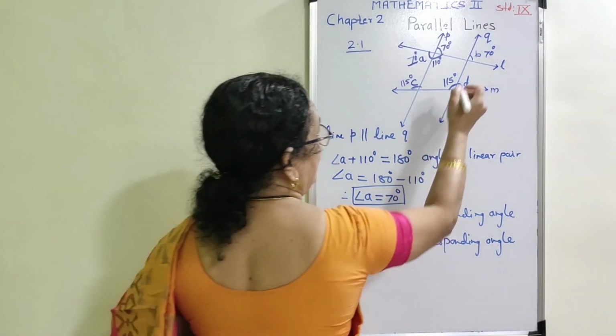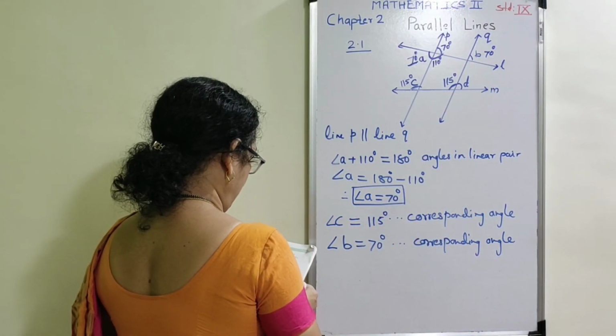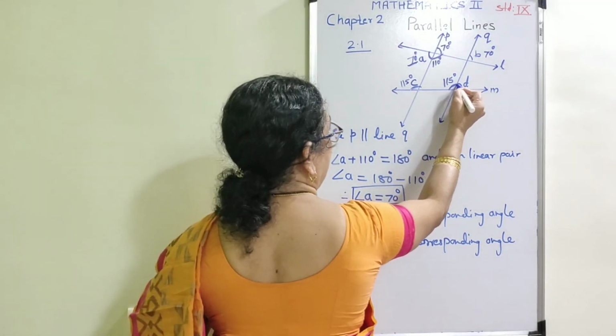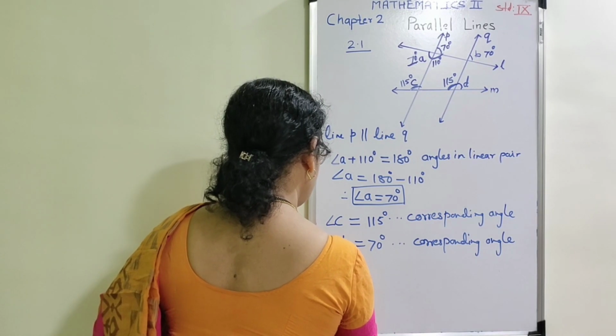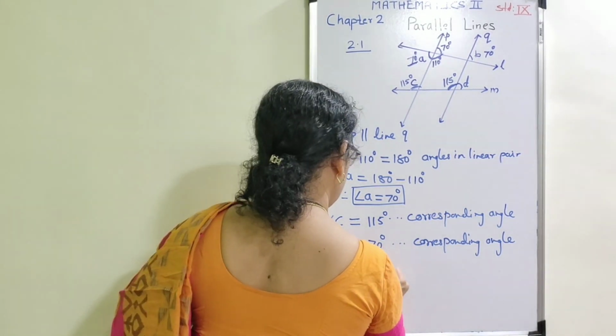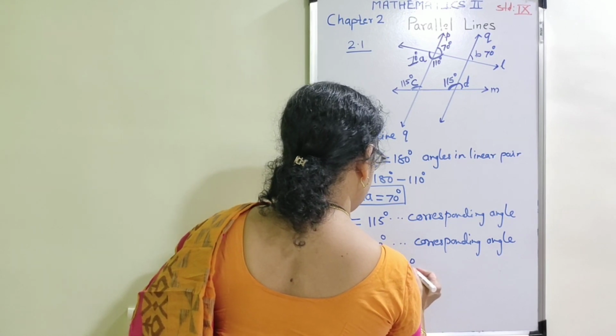Last, if B is 70, here 115 is given, use the property: 115 plus angle D, both are in linear pair, addition is 180 degrees.